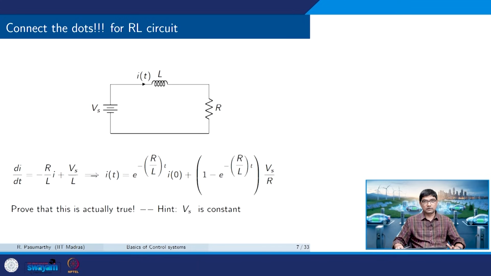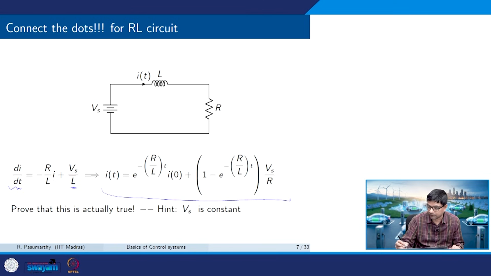If I take a simple RL circuit, I have a differential equation of the form x dot is A x plus the input, where A is minus R by L, which gives me a solution of this form.